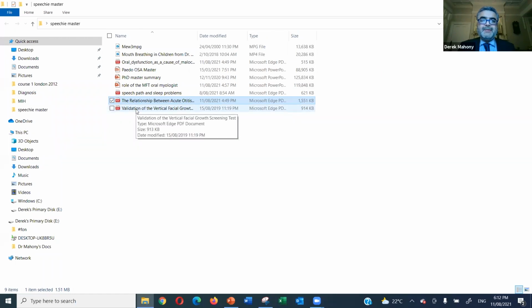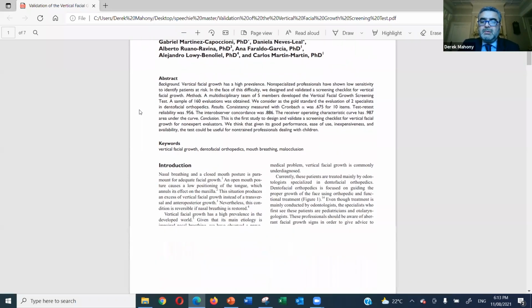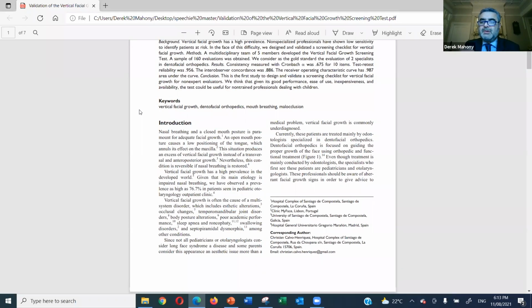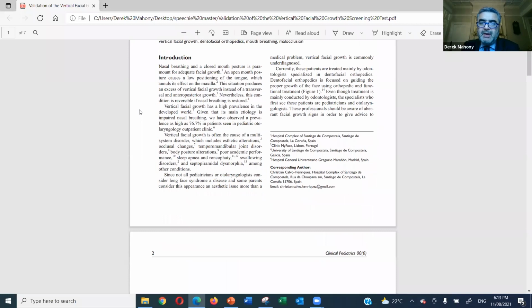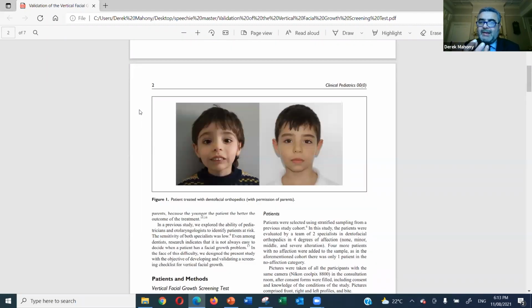Then we have this paper. And again, it's from a pediatric journal, this time a medical pediatric journal. It talks about certain tests you can do on your kids, because a lot of you will have the little boy on the left with correct treatment, which includes airway, widening the palate, and myofunctional therapy, changing tongue position.